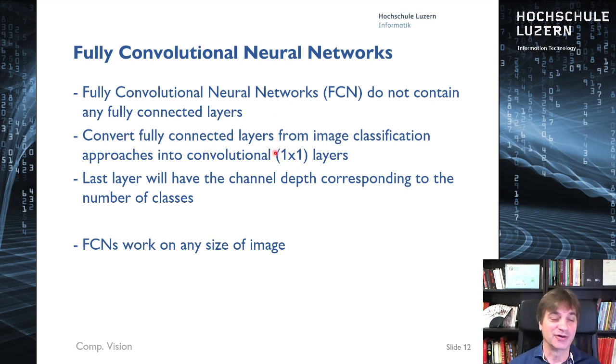It can be 1 by 1 convolutional layers, and then you will have a value for each pixel. So the last layer will have a depth corresponding to the number of classes. Because you want to make a prediction, for example, for 10 classes for every pixel, you get a vector of 10 probabilities with the value of the probability of that pixel for each one of those classes.